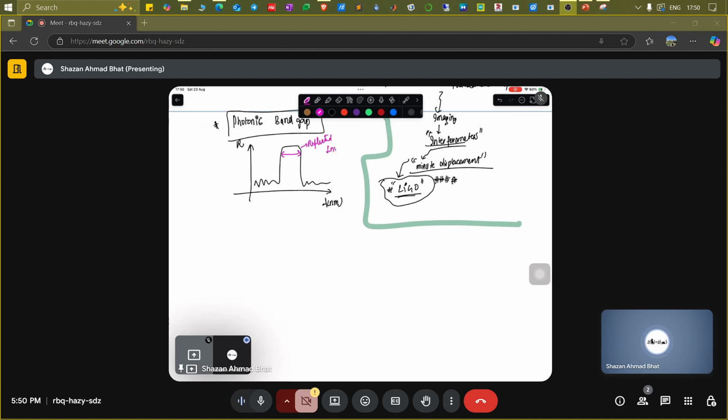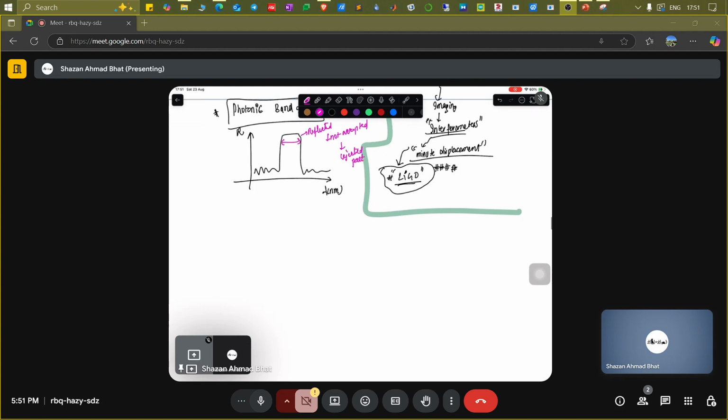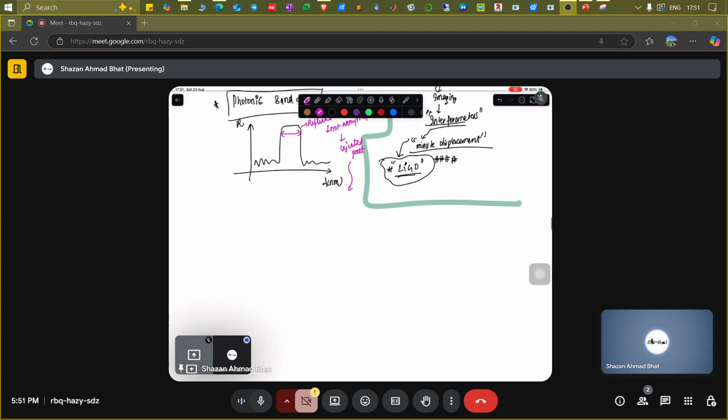That means it's not accepted by the system. That means the rejected part, and that basically denotes the gap.